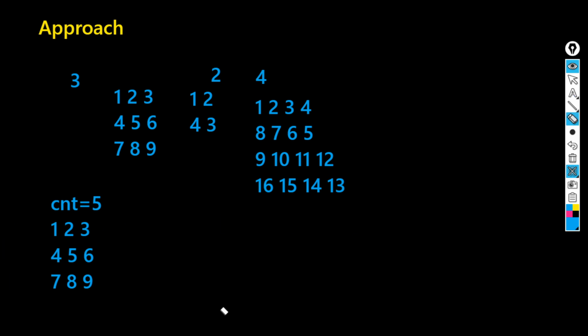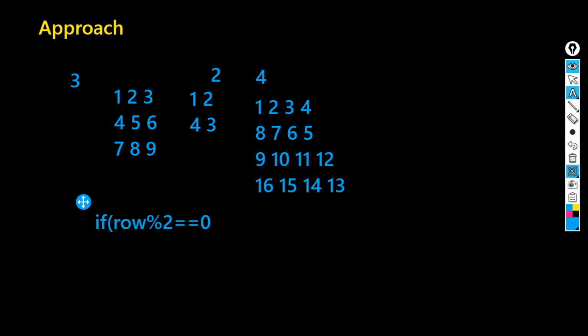Now for even, what we will do, first we will apply two conditions: if the row we are on currently % 2 equals 0, then we will simply print in increasing order 1, 2, 3, 4, 5, whichever the number is.